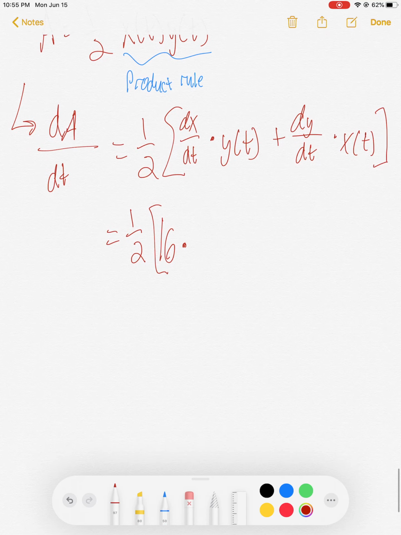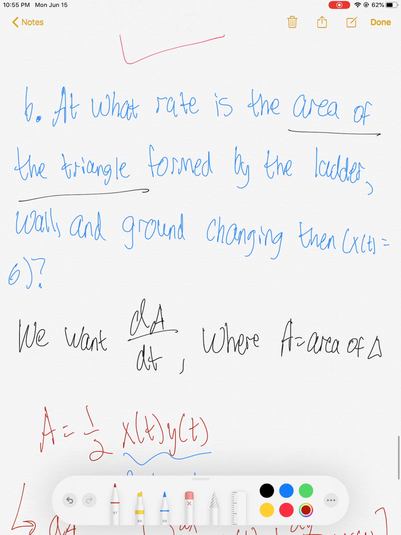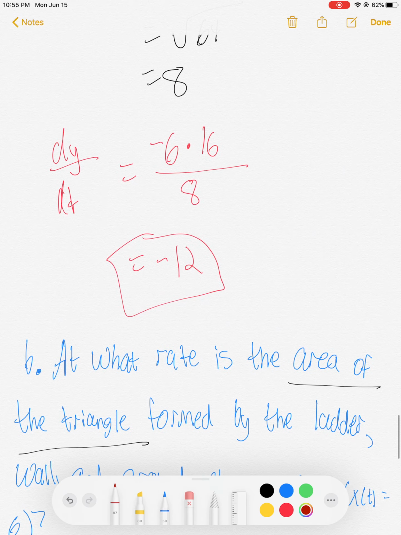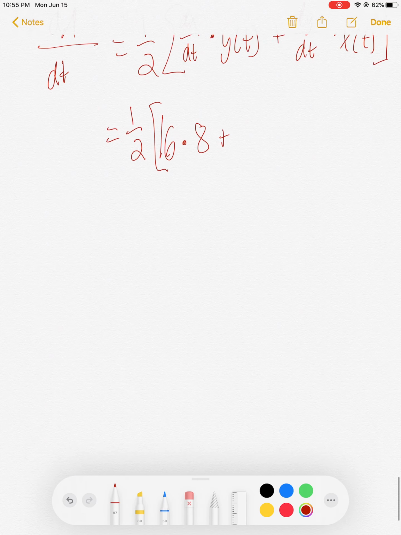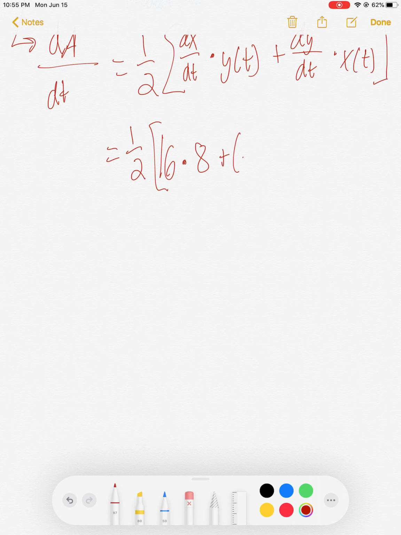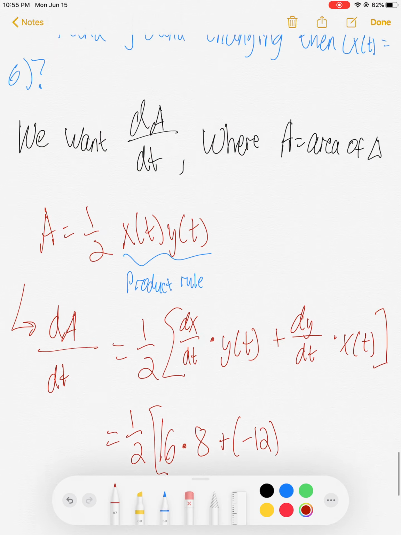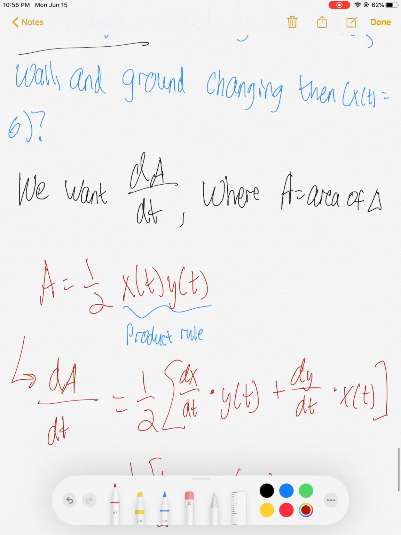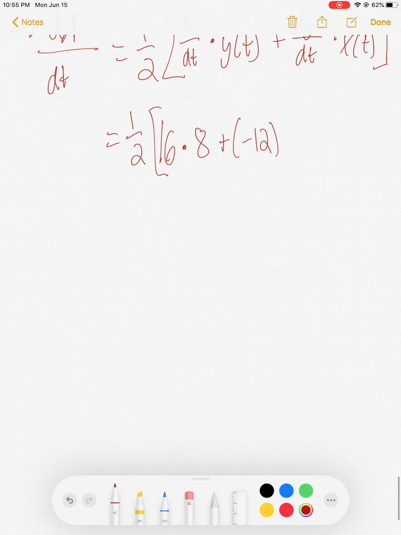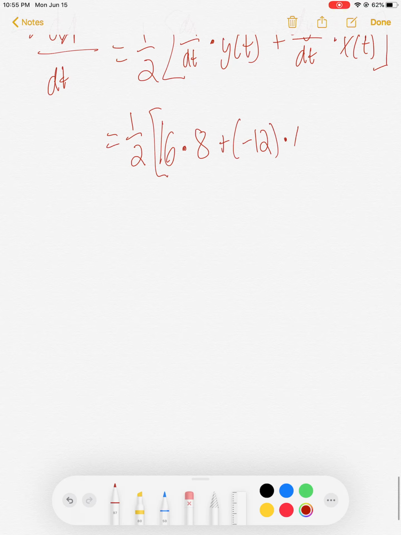So it looks like, again, we're going to have some variables, but I'm pretty sure that we've already solved for all of them. So let me see, 1/2. Okay, dx/dt, we used that in the last one, and dx/dt was 16. So it's going to be 1/2, 16 times, okay, now y, we need to find y, and y came out to be 8.